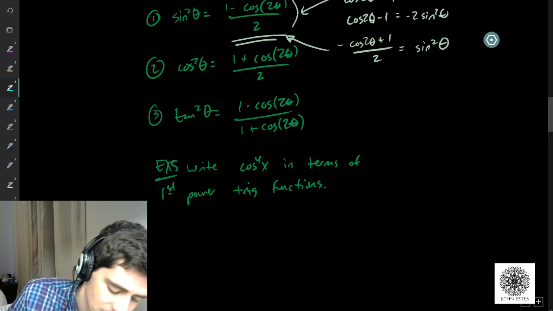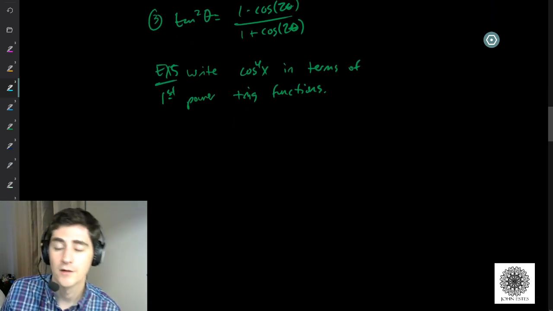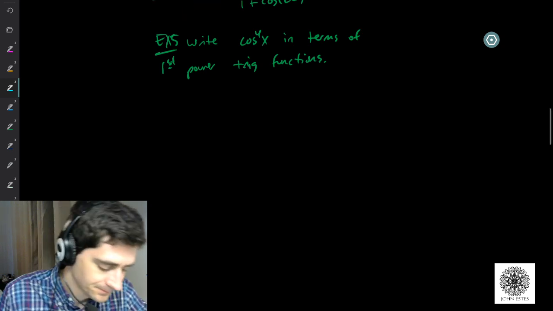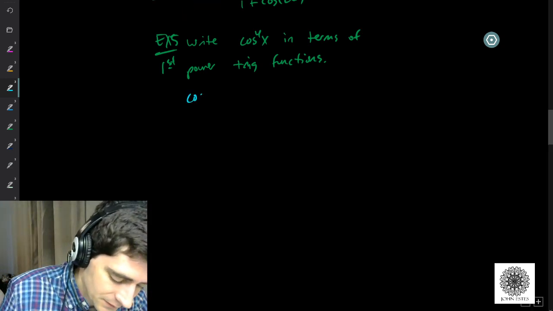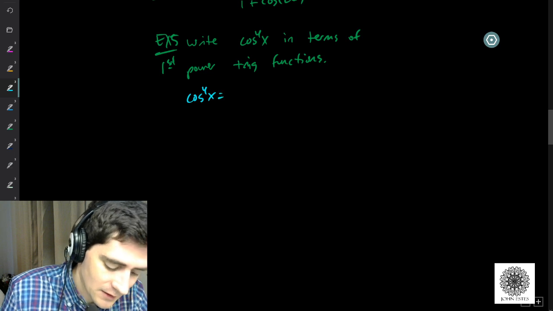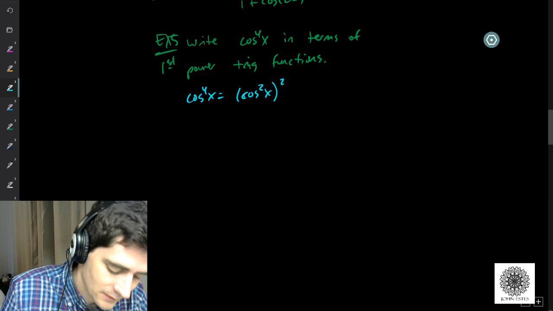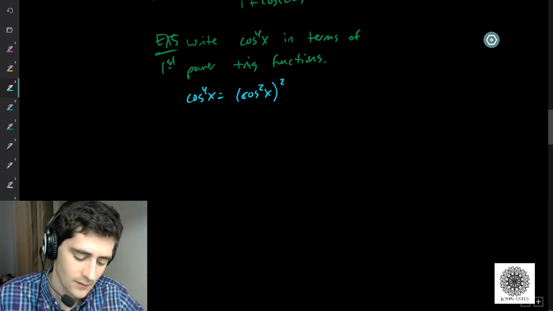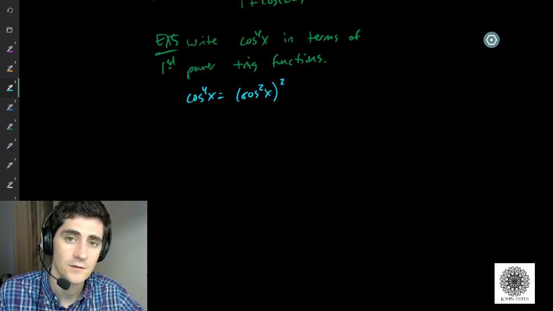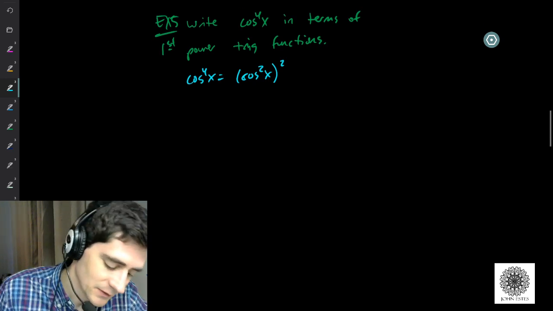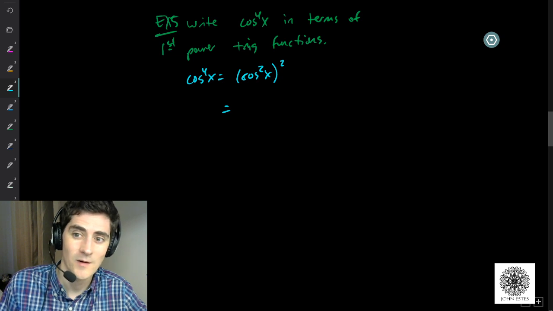So if I use the reduction formula on cosine to the 4th, maybe I can get it down to cosine squared. Let's see.